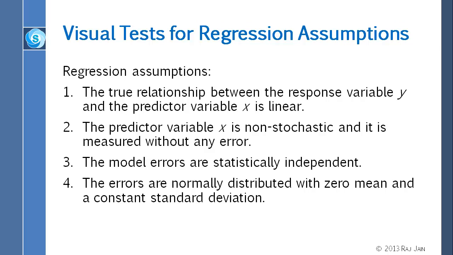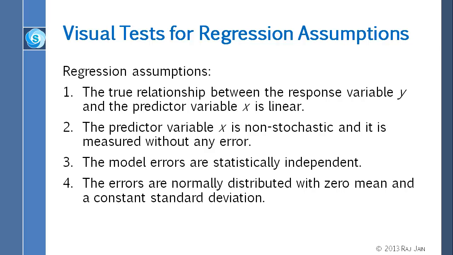The second assumption we made is that the predictor variable is not a random number. Everyone remembers what the predictor is? Predictor is the X value. It's not a random number, it's the Y value which is the random number. Third thing is that the errors are statistically independent.